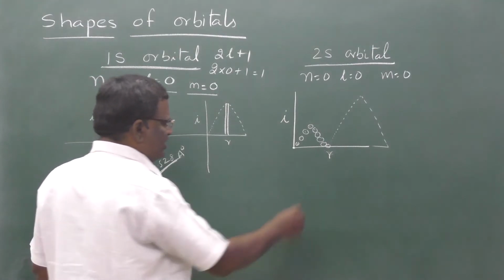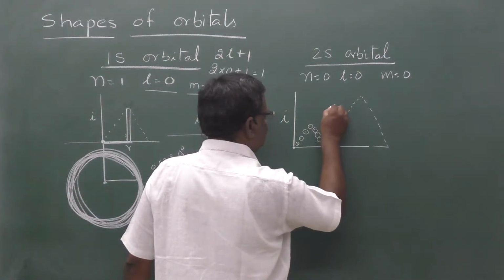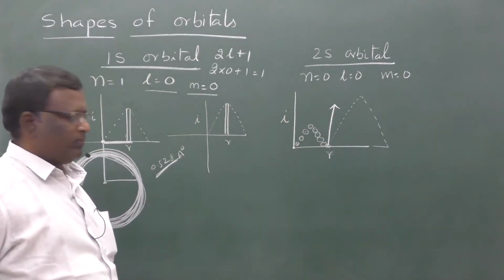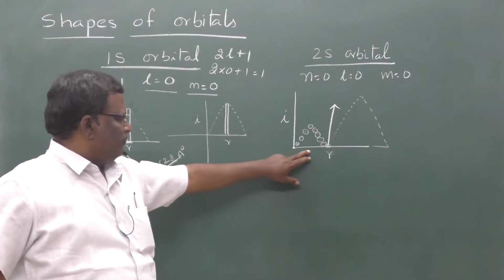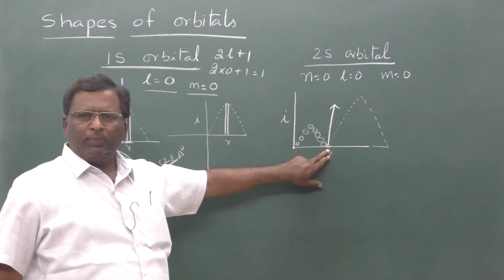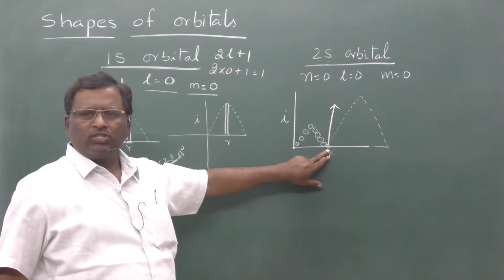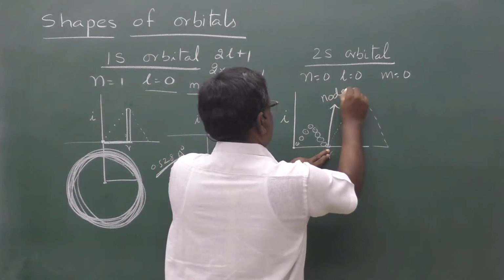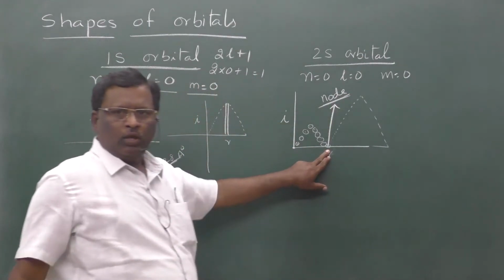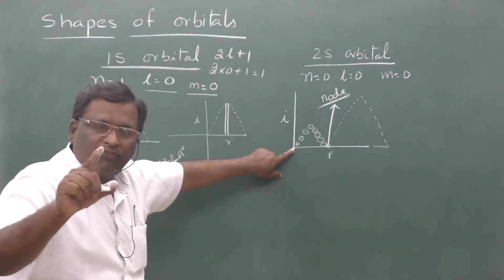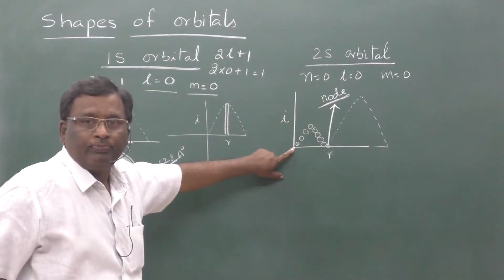So at this point, at a certain distance from the nucleus, I found the probability of finding an electron almost equal to 0. That point is called a node. Remember, at the nucleus also, the probability of finding an electron is 0.